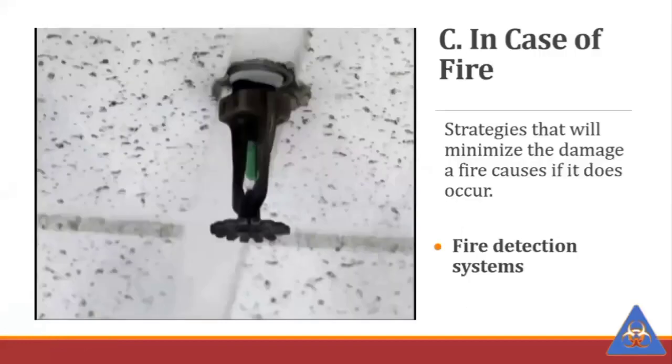In case of fire, these are strategies that will minimize the damage caused by fire if it does occur. This is for when there is already a fire. First is the fire detection systems.